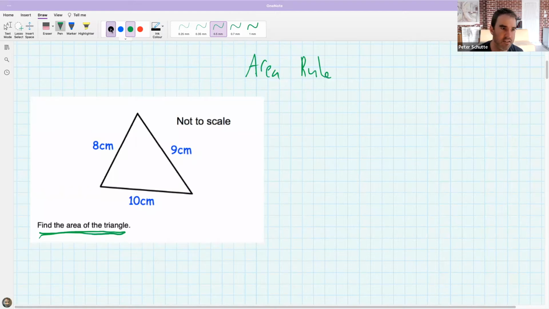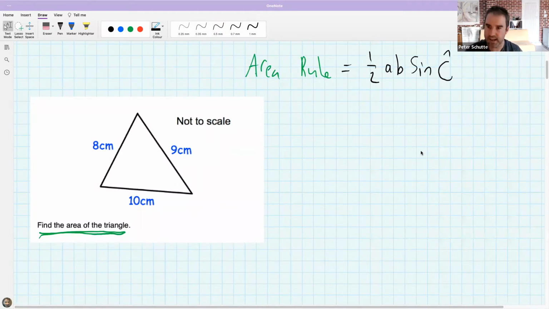So earlier on in the lesson, I said to you, to use the area rule, we often would say it would be a half A B sine C. And I want to know in the chat, what are we missing that will stop us from finding the area of this triangle? Okay, Isake, I see that hand.